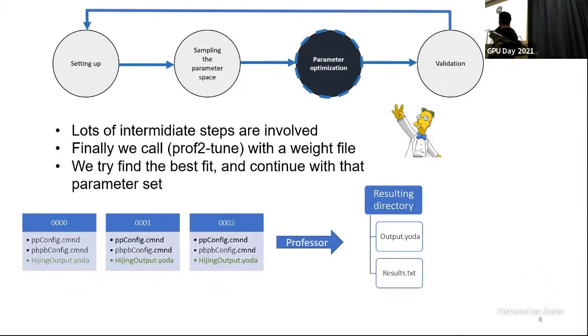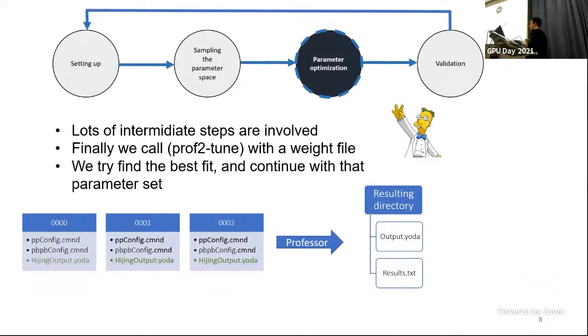So there are lots of intermediate steps involved. We're going to make parameter interpolations, and we're going to run a sensitivity plot to see which parameters are more sensitive, so it's quite a lot of tasks. And finally, we call the Professor tune, which is going to give us this with a weight file.